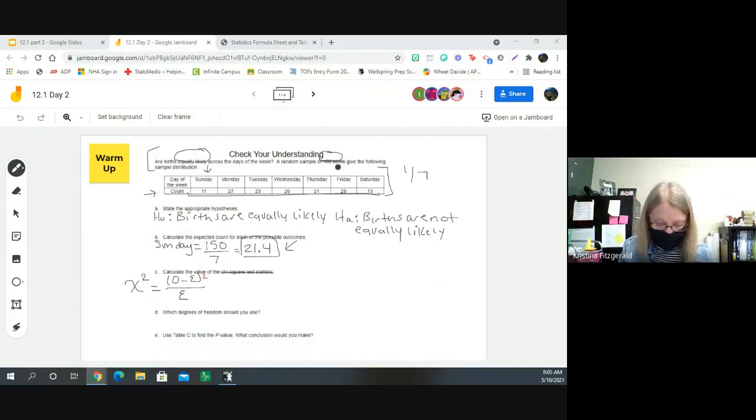Okay, I'm going to show you an example. We've got Sunday, we had 11 births. We're expecting 21.4. We're going to square that difference, and then we're going to divide that by what we expect.